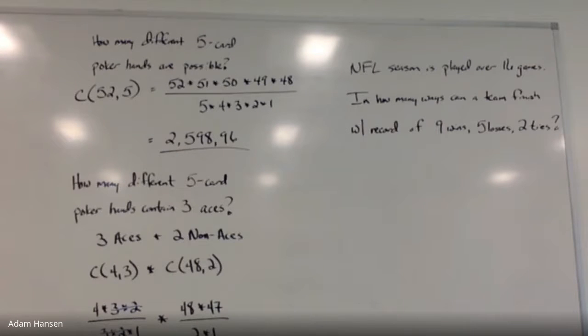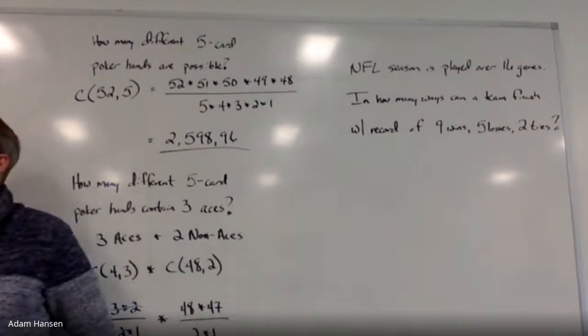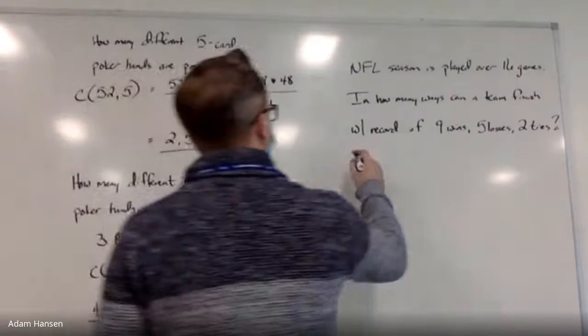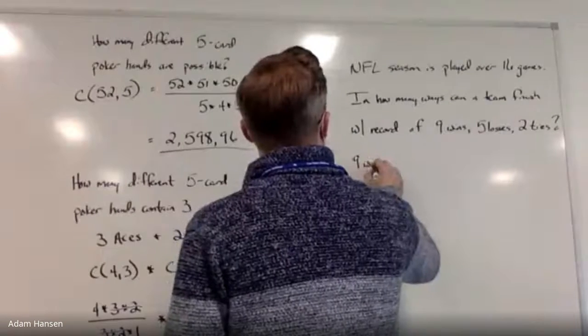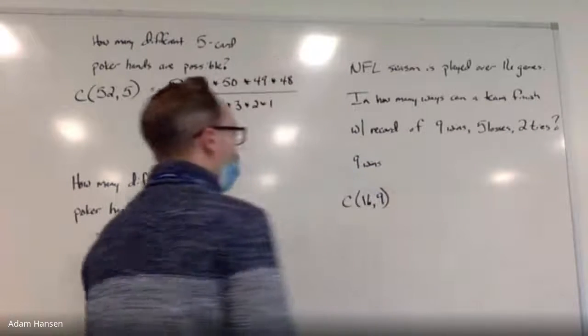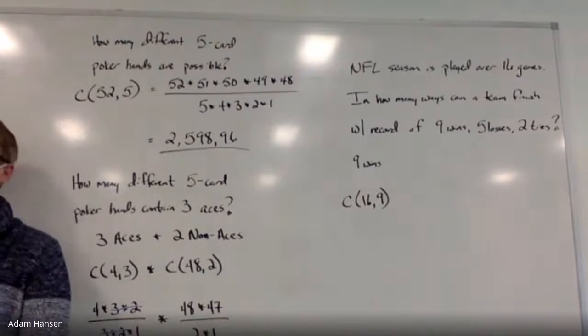It's not hard. How many games are there to choose from? 16. Let's start with the wins. 9 wins. I need to choose any 9 of the 16 games played to win.